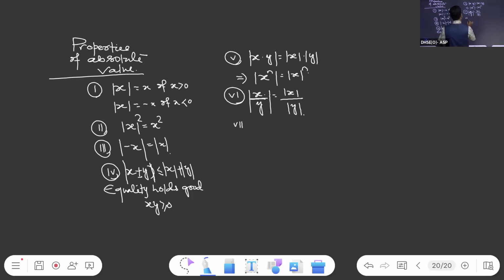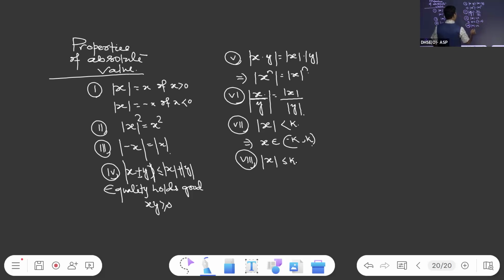Property 7, mod x less than k, where k is a positive real number, implies x belongs to the open interval minus k to k. Eighth property, mod x less than or equal to k implies x belongs to the closed interval minus k to k.